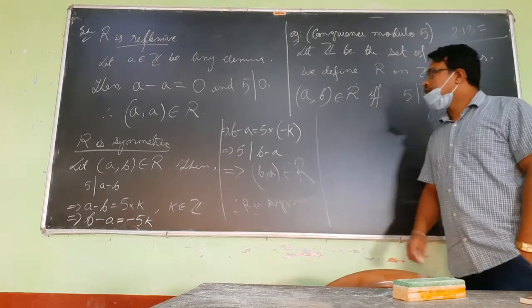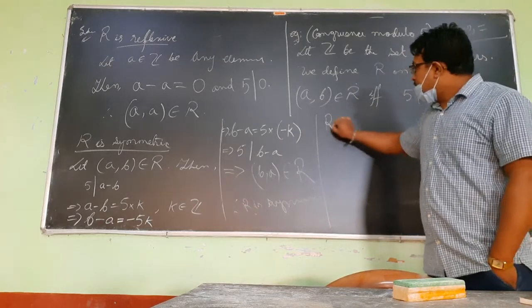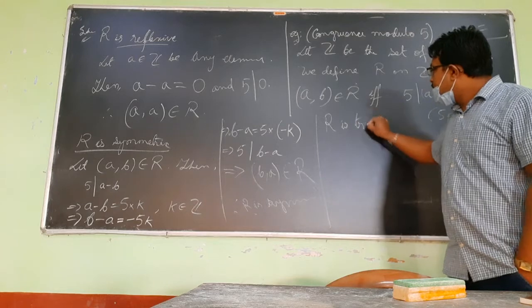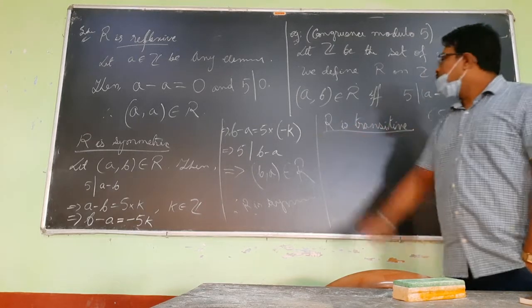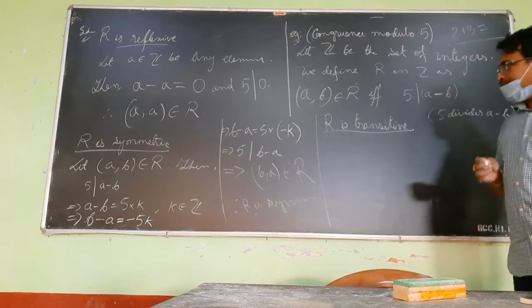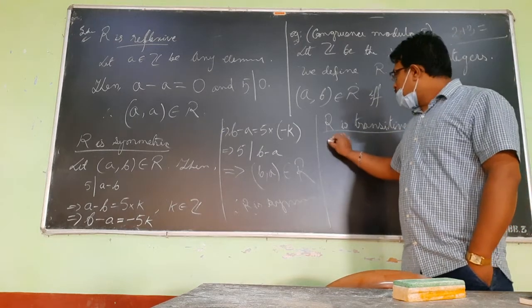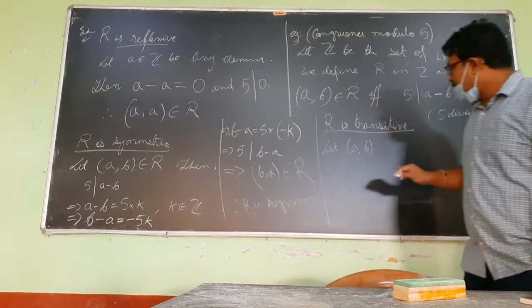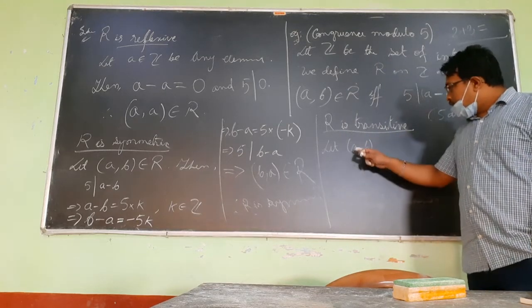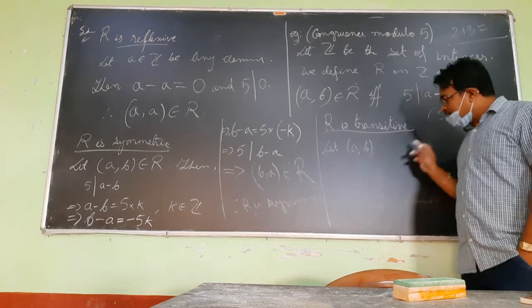Clear. Then next, R is transitive. How to show R is transitive? For transitive, I have to start with three elements which are related: first is related to second, second is related to third.